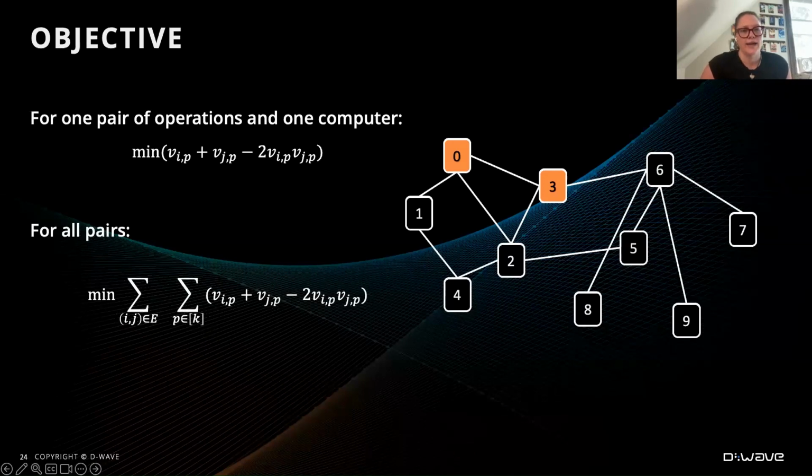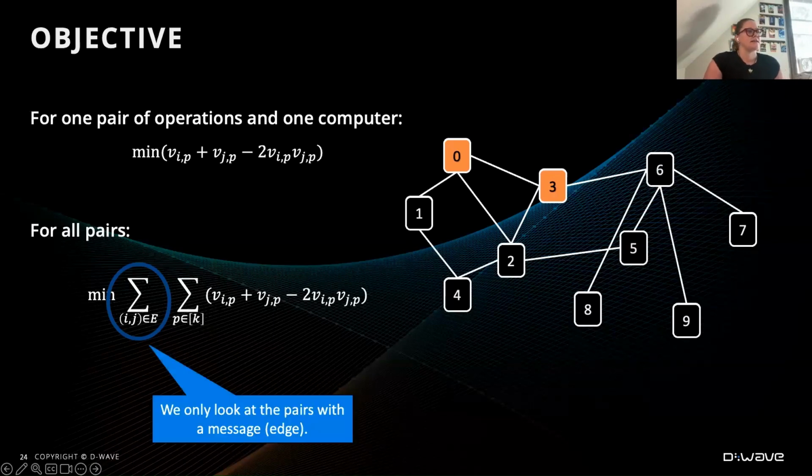And I wanted to point that out. We're summing up over all the edges because we're only going to look at pairs that have a dependency between them. Okay, so for example, task 8 and 9, they don't have a dependency, so we don't need to worry about minimizing an edge between them.